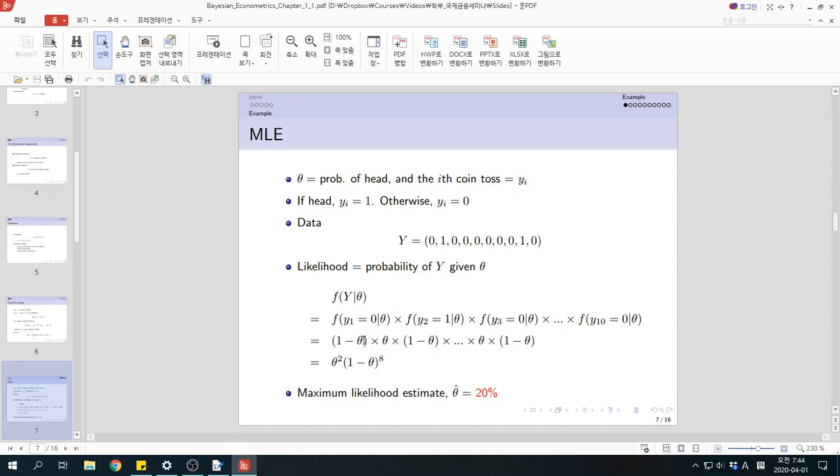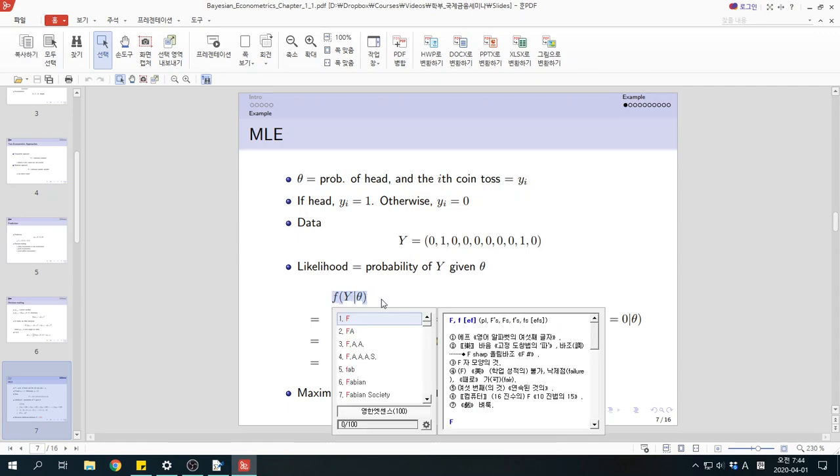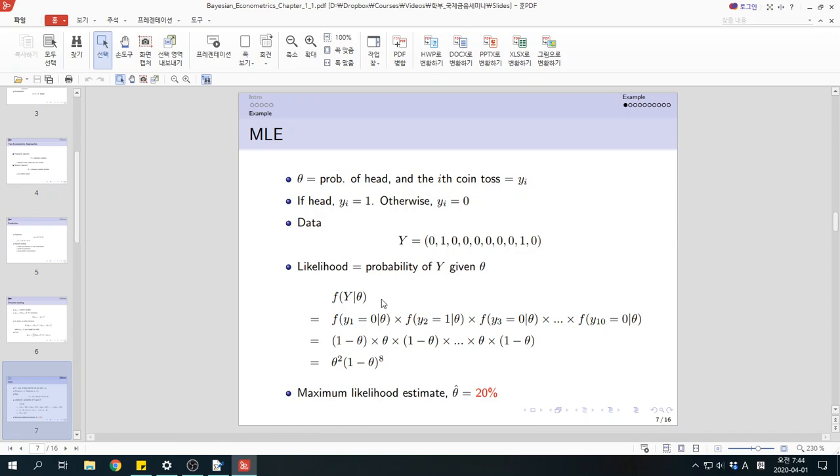Look at this again. This is the likelihood, not the joint density actually, because it is a function of theta. It may look like a function of y, but y is the observations, so y is fixed at this particular vector.